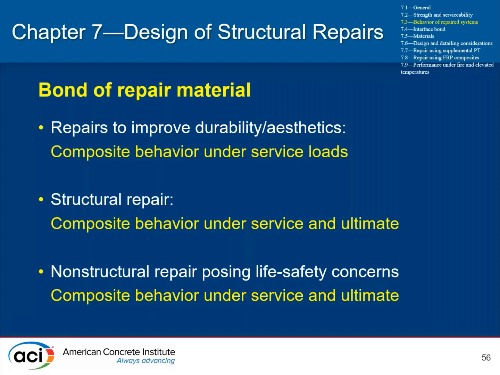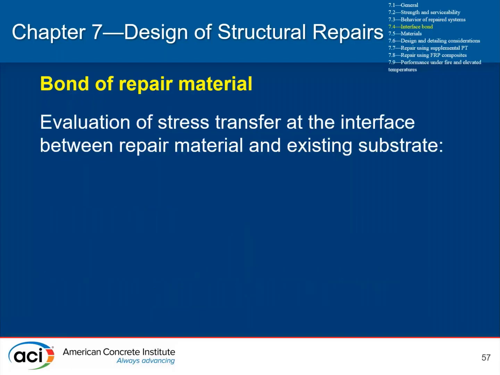And so balcony soffits, where there's deterioration and distress, whether it's structural or not, whether there's reinforcing steel in it or not, can pose potential life safety concerns. And so composite behavior is important in those conditions to ensure that safety for the public is maintained.